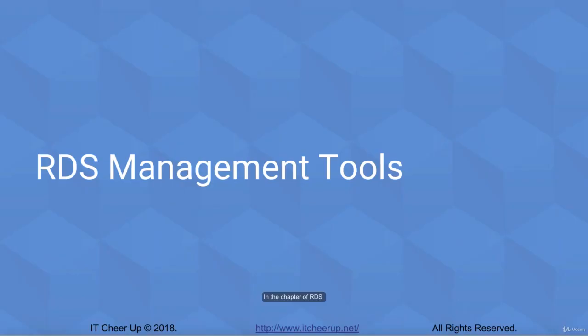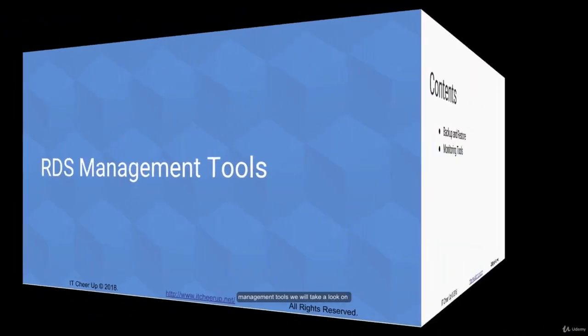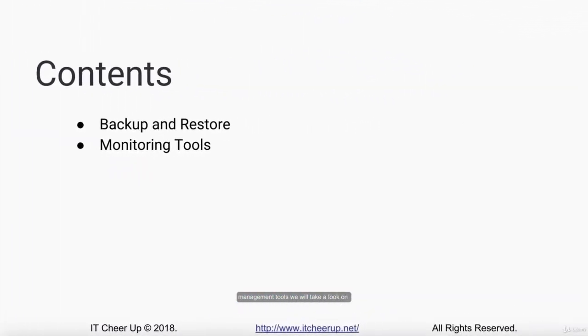In the chapter of RDS management tools, we will take a look on RDS auto backup, point-in-time recovery, restore and migrate snapshot, how to use the CloudWatch metrics, CloudWatch alarm, AWS Trusted Advisor, tag, events history, logs, and performance insights to monitoring RDS.